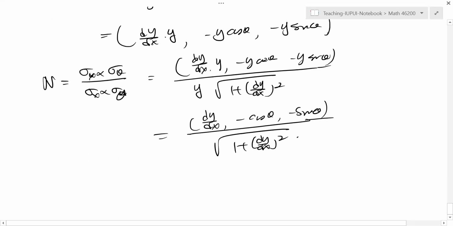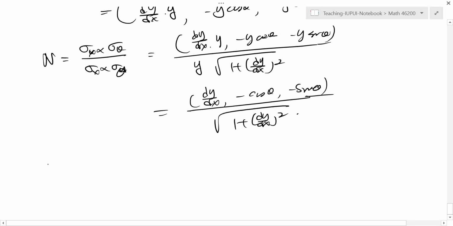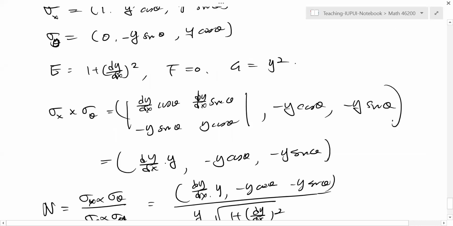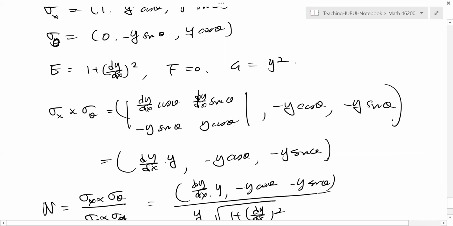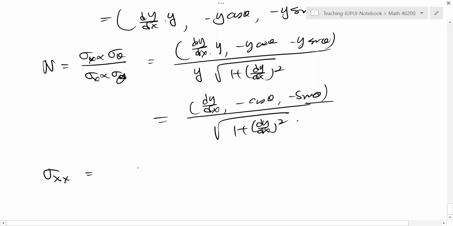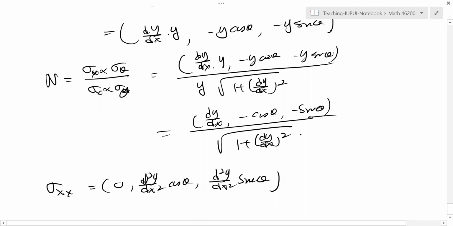Great, we keep it. All right, so now I'm going to find the L, M, N, right? Sigma x. Keep forgetting this. So first component is going to be 0. Just differentiate the y variable with respect to x.